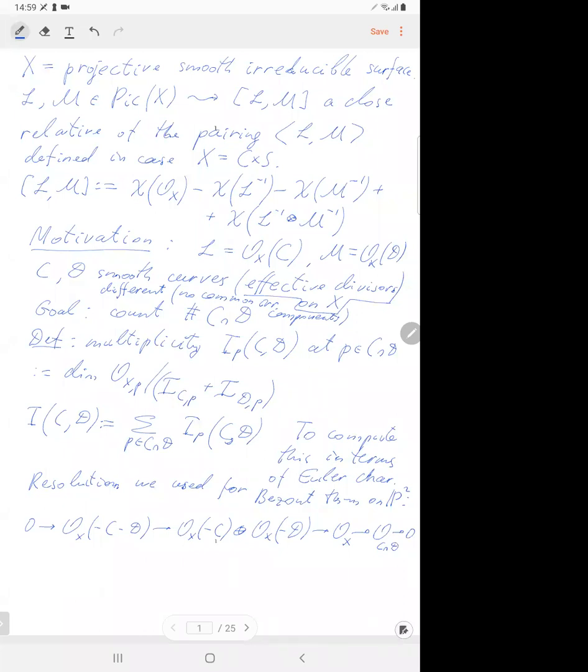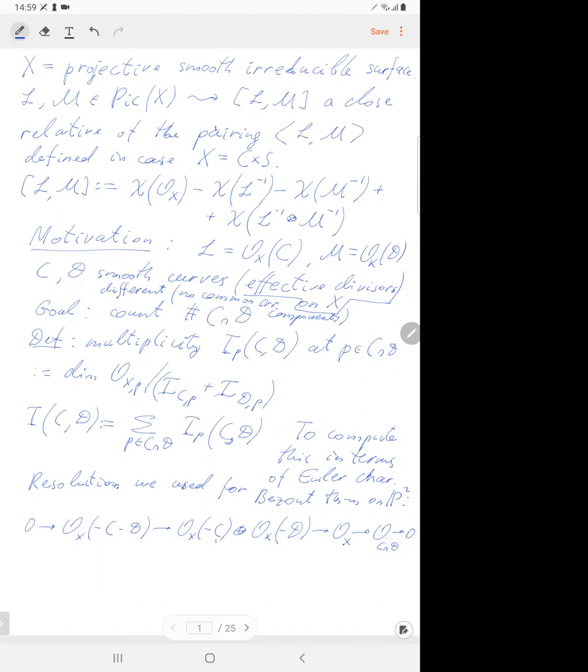But these curves are not necessarily irreducible. They may have various irreducible or connected components. Okay, so then this last rightmost sheaf is just a skyscraper sheaf.